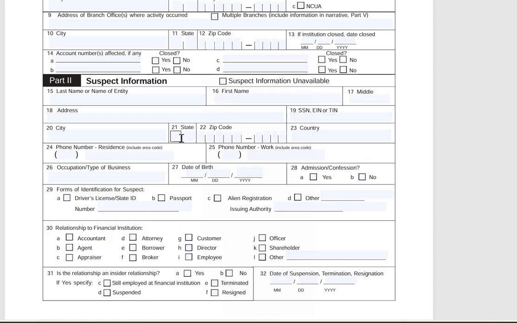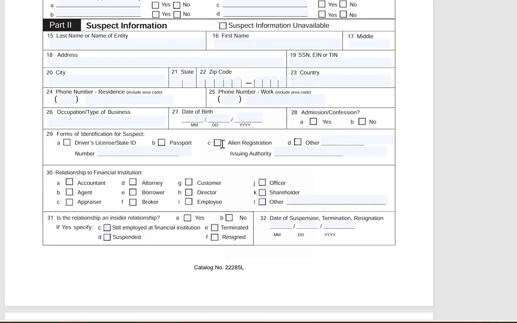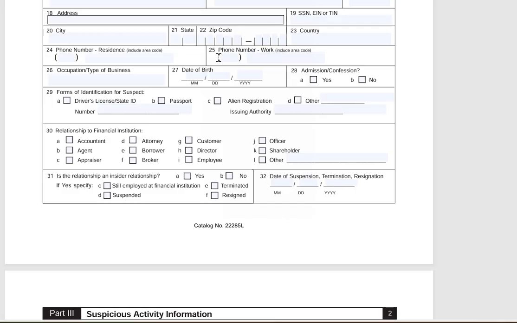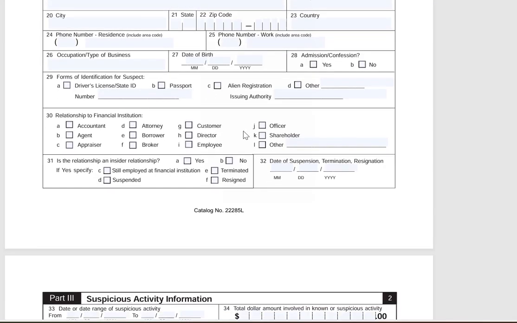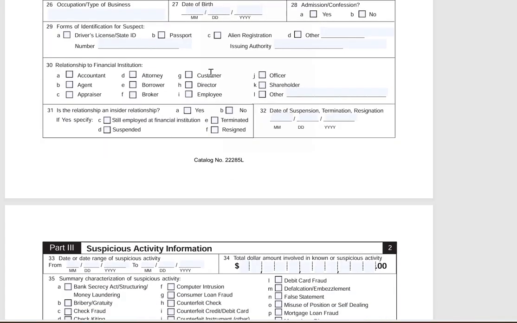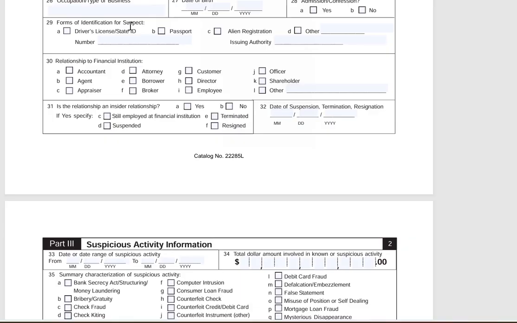Then city, state code, pin code, and the country where the suspect lives, mobile or phone number, and the occupation and business type. Also the date of birth, and the form of identification of the suspect, the documents used to identify them, such as license, passport, alien registration, or other information, or their government ID number if they have one. Those things they will include in the details.